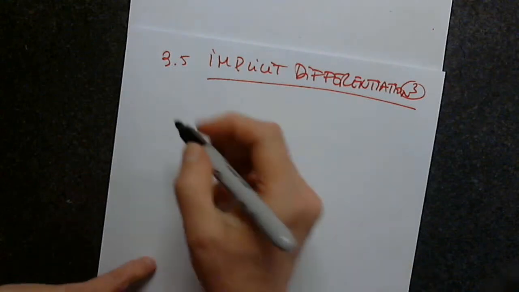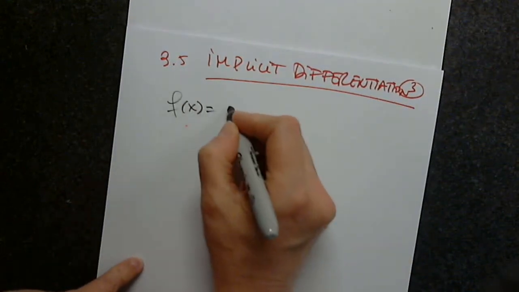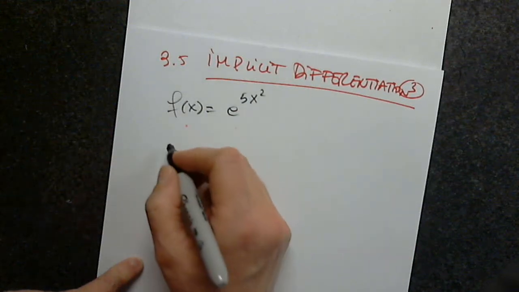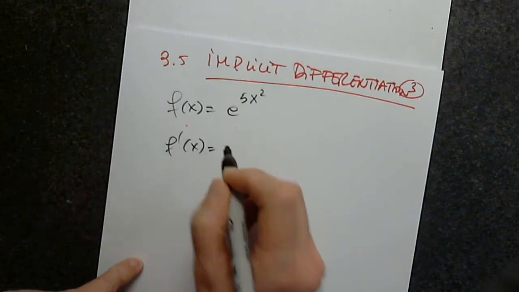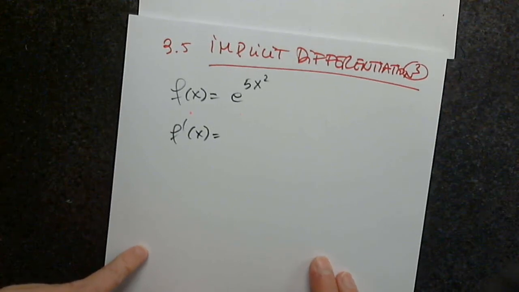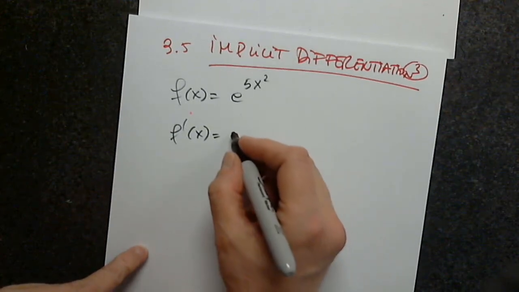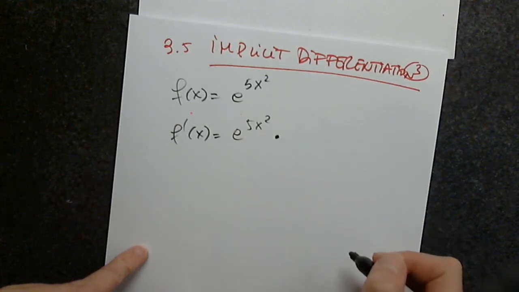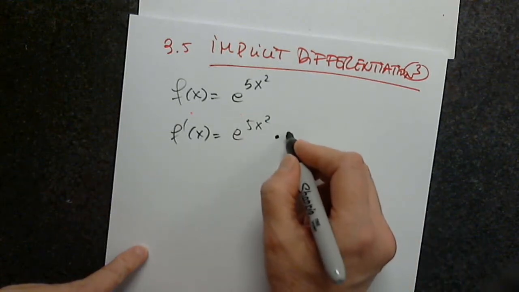Okay, so if I have a function f of x equals e to 5x squared, and I ask you to find f prime, what will you say? Times 5x squared.